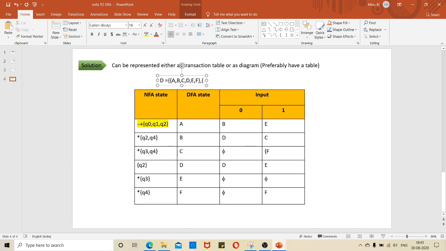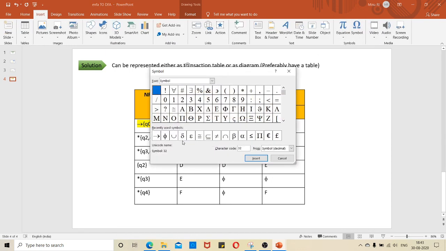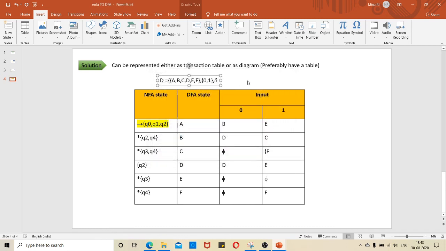I have only two inputs, 0 comma 1. After sigma, I'll have delta, which is my transition. Then my initial state, which here is A.